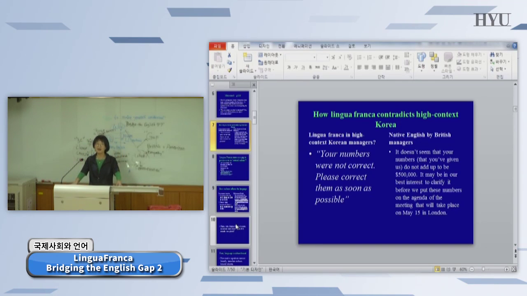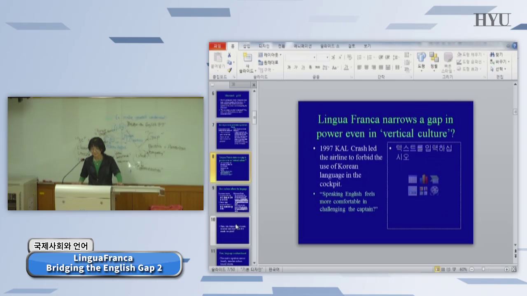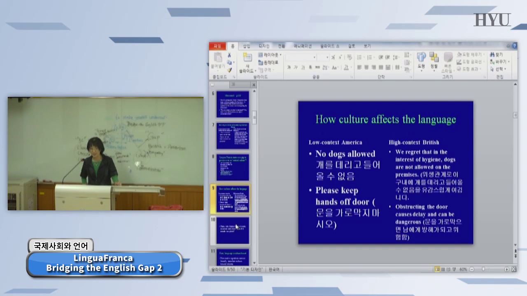So what is the priority when you're trying to communicate? Is the message more important or is the framing more important? Even if Americans and British belong to the same L1 speaker group, they still have different cultures. They say America is a low context culture and Britain is a high context culture.